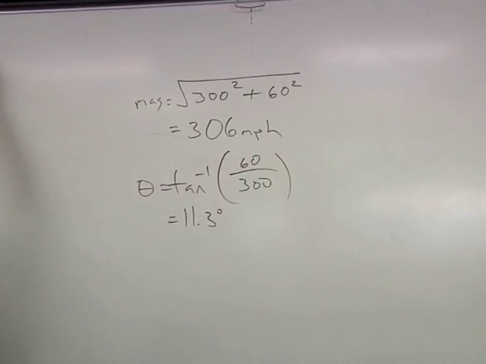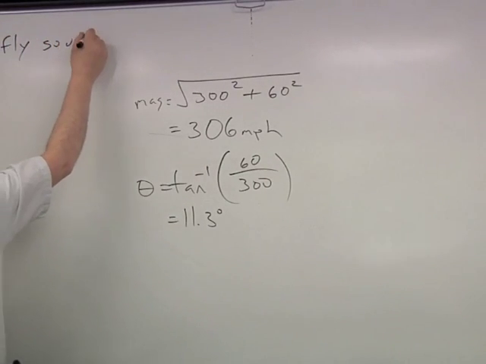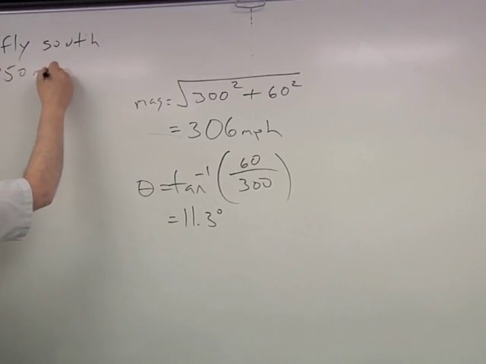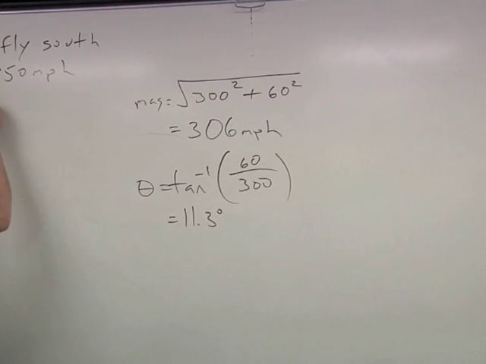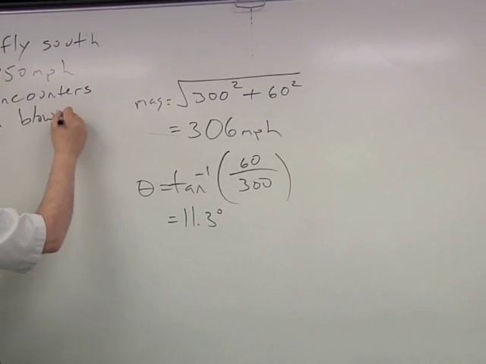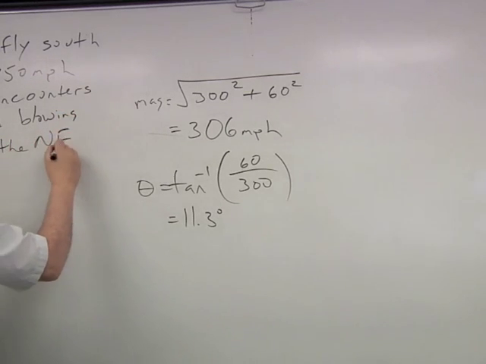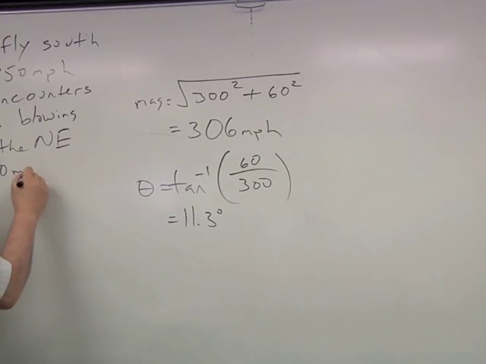We have a plane flies south at 150 miles per hour and encounters a wind blowing from the northeast at 40 miles per hour.